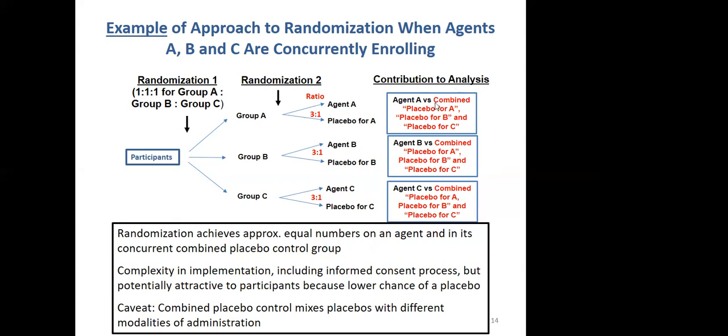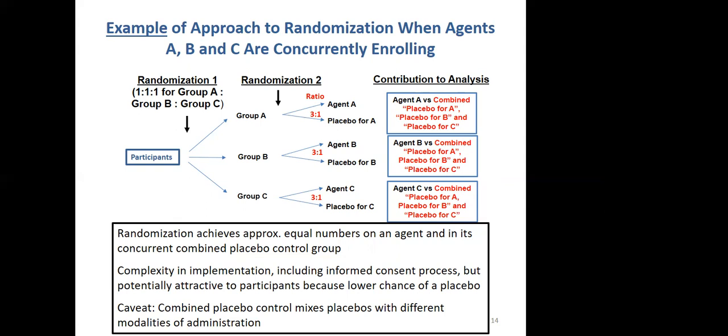So the contribution to analysis is we compare all participants that received agent A to the combined placebo groups. And so each of these placebo groups is smaller than the active agent group, but when you combine them together, you get 2 groups of similar size. So this is the actual comparison that contributes to the analysis. So we often refer to this as a combined placebo group or a shared placebo group.